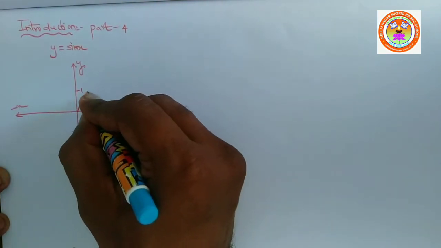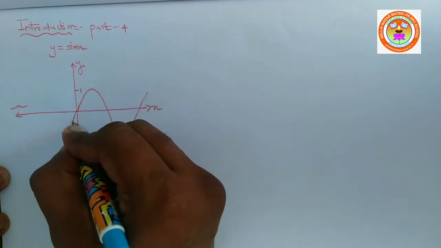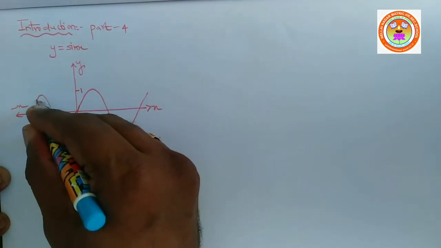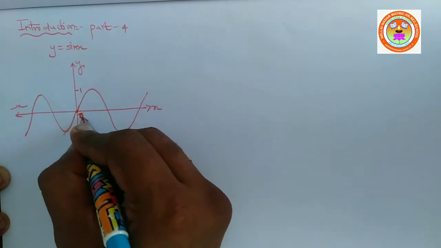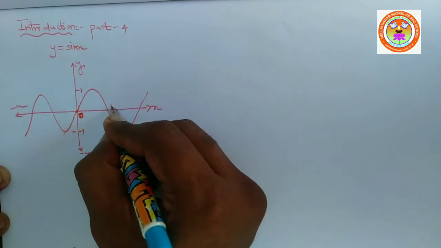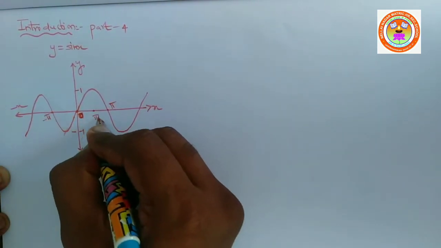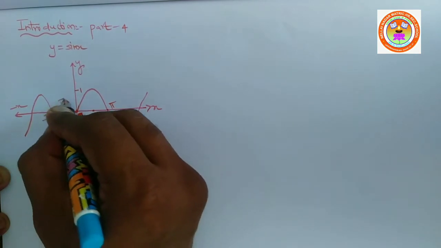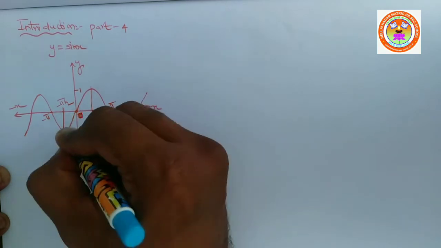The curve starts here, moves and goes like this. The same happens on the left side also. So this will be 0, this will be pi, and the same on the left, this will be minus pi. This will be pi by 2, this will be minus pi by 2. We are going to take up to here, from here to here, which is called the principal domain.